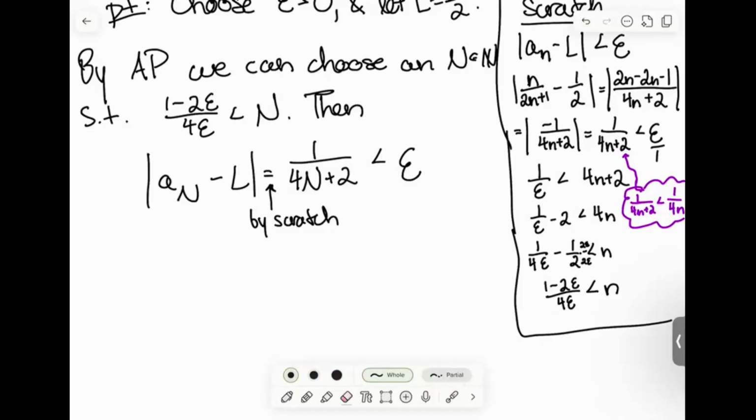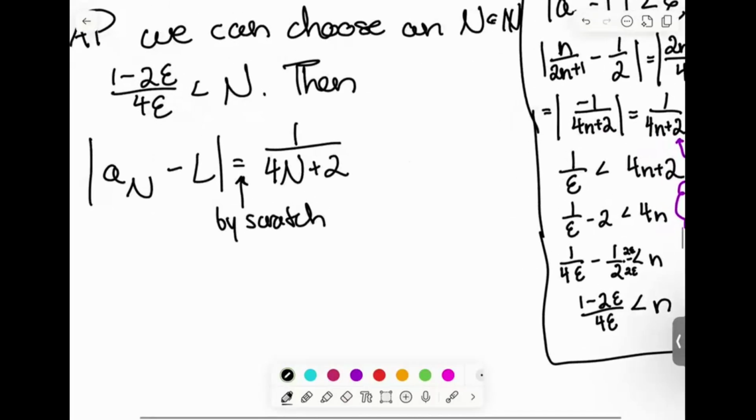So what's the idea here? The idea is that I can replace N with this big thing, right? Because it's something smaller. And so when you plug in something smaller into your denominator, you get something that's bigger.